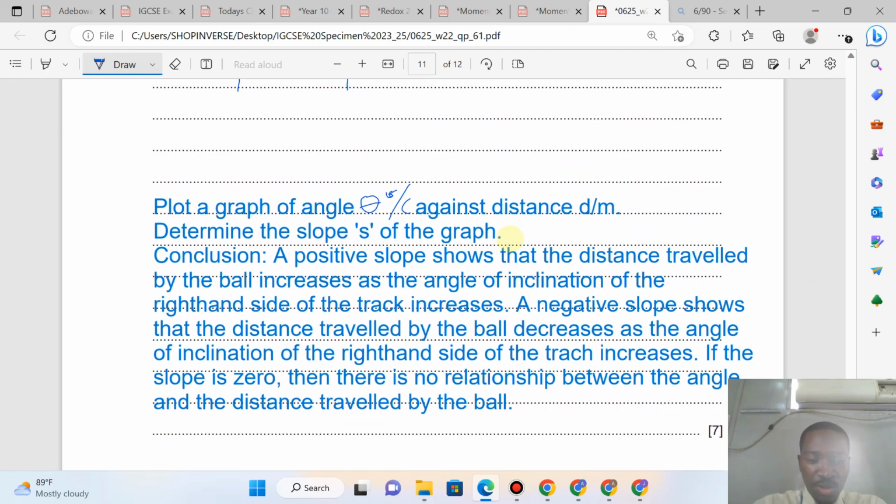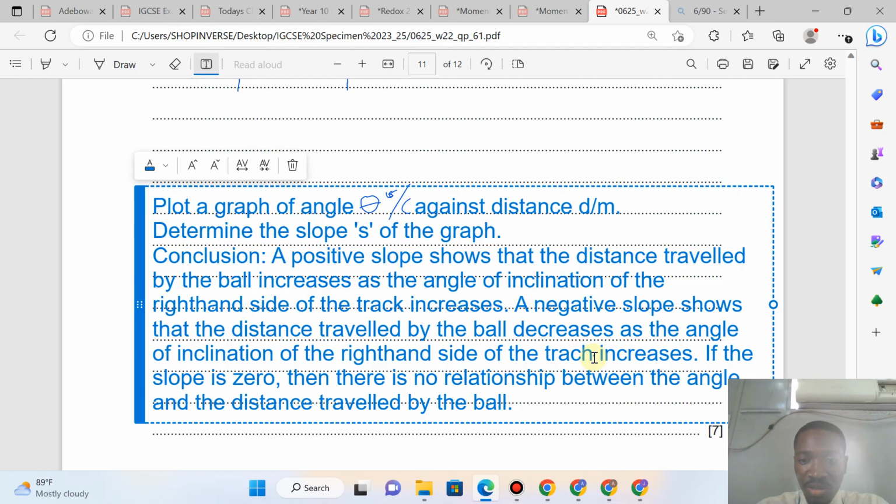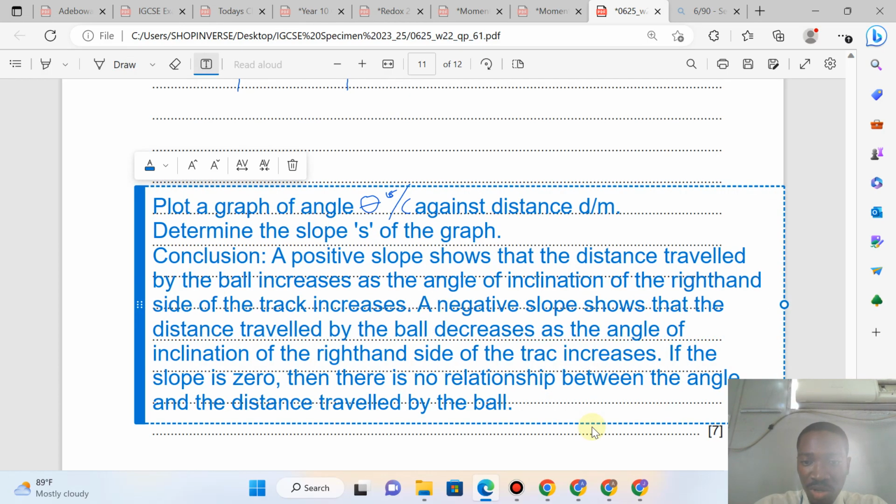Sorry, let me fix this. A negative slope shows that the distance traveled by the ball decreases as the angle of inclination of the right hand side of the track increases.